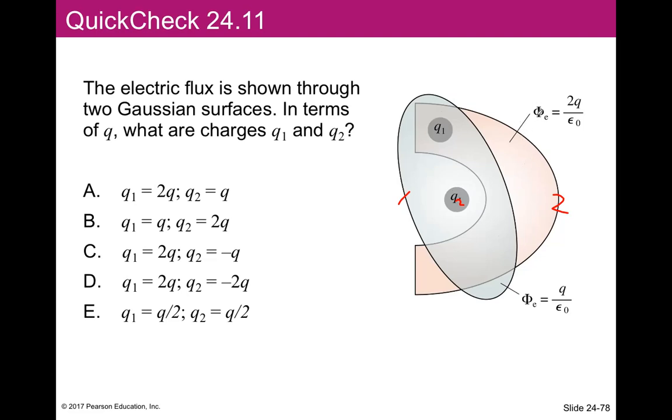So if you understand this, then let's say here, this is generated by Q1. And here it's generated by Q1 plus Q2. So Q1 plus Q2 equals Q, and Q1 equals 2Q.